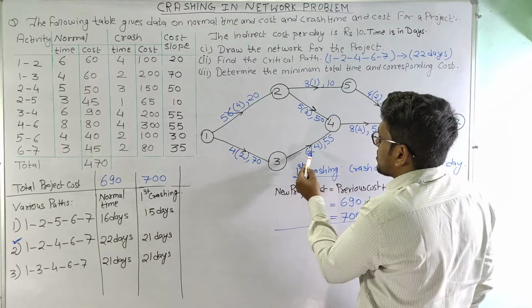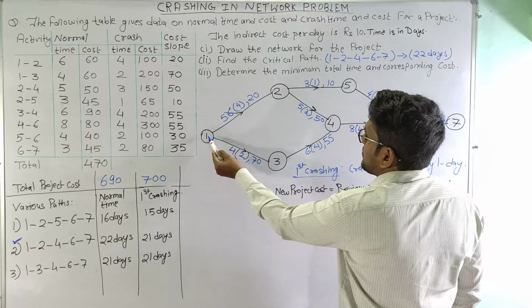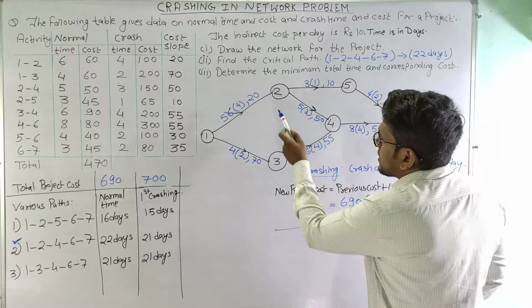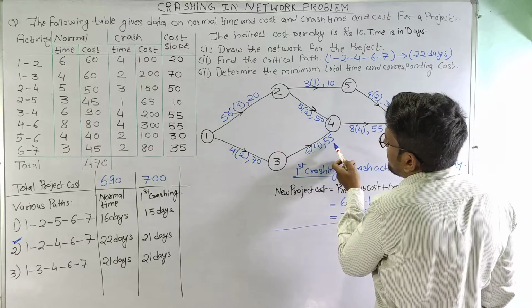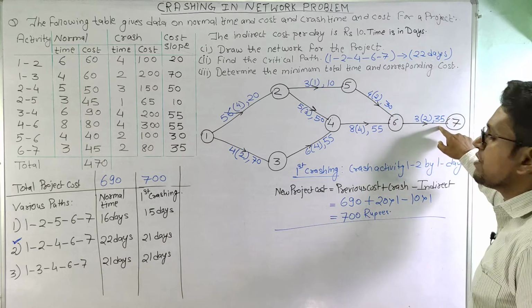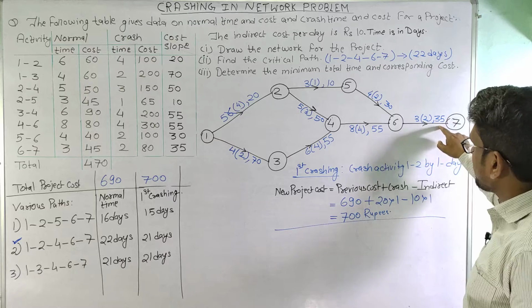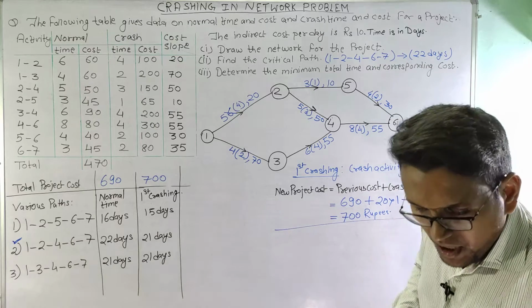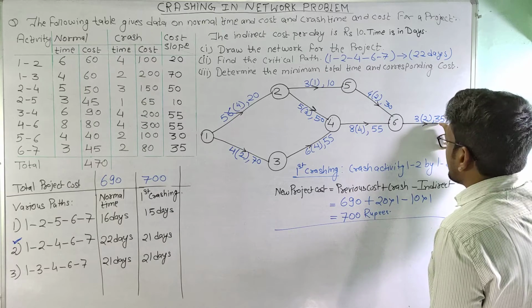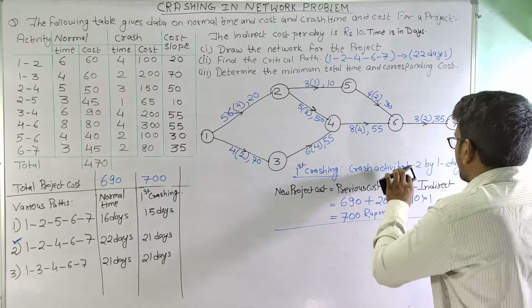Suppose I choose activity 1, 2 and 3, 4 to crash simultaneously, then the cost slope is 20 plus 55, which is 75, which is way above this value of 35. So in this particular crashing, we are going to crash this activity, which is 35.